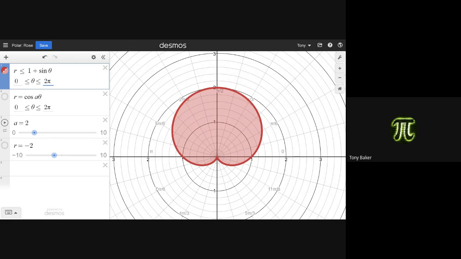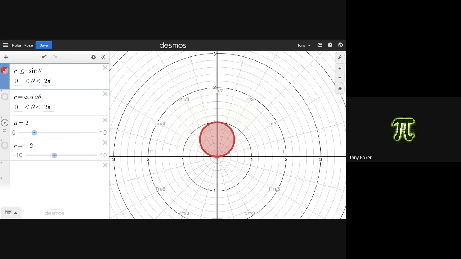Like the sine graph is only a circle above because the negative values just go to the other side. For R equals, oh, if it was just R equals sine? Yeah, hold on a second. I'll show you. It just loops back on the same circle.